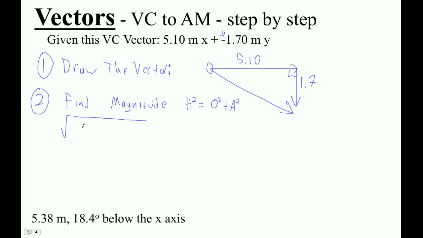It's going to be the square root of 5.1 squared plus 1.7 squared. Now notice I'm not putting the minus sign in there. More about that in a moment. Square root of 5.1 squared plus 1.7 squared, and I get 5.37. I'll say 5.38.